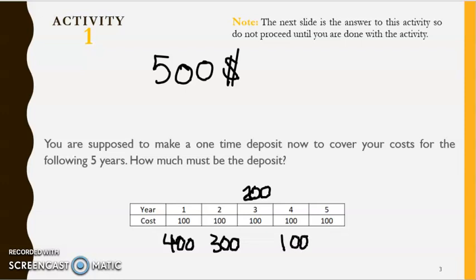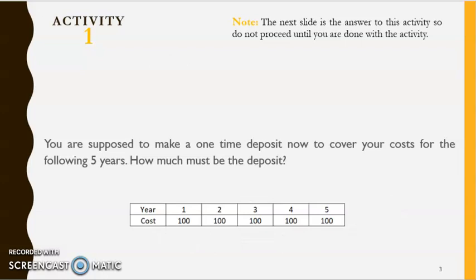This remaining money at the end of year 4 will be used to cover the $100 cost of year 5. So finally, you would be fine while your deposit turns to 0. It was some sort of very easy financial planning. So the answer, as you did, is 500.